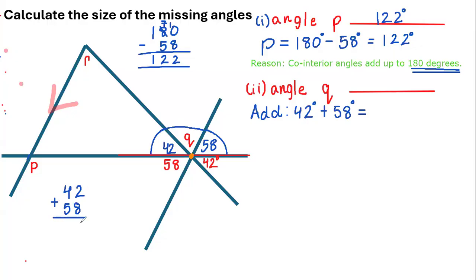So 2 plus 8 is 10, put the 0 down, put the 1 up. 5 plus 5 is 10, plus 1 is 100. And so it's going to be 100.